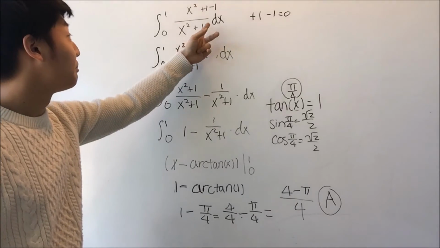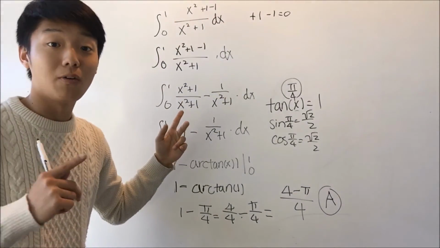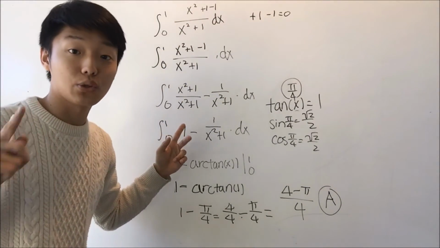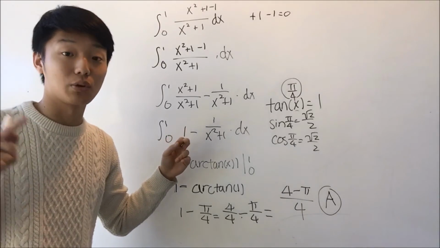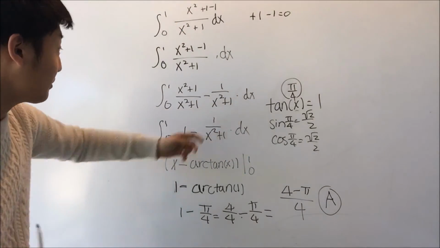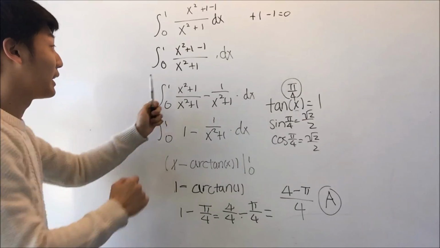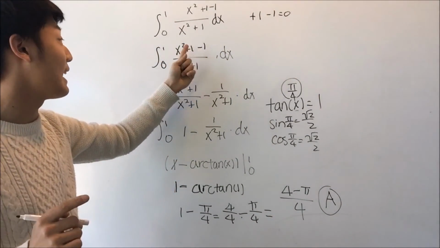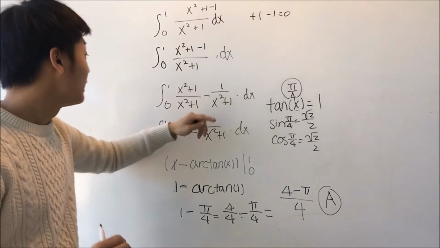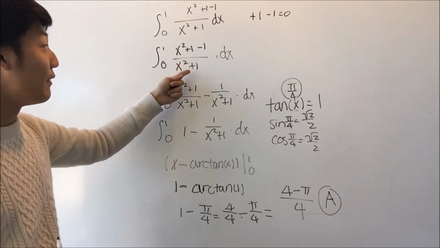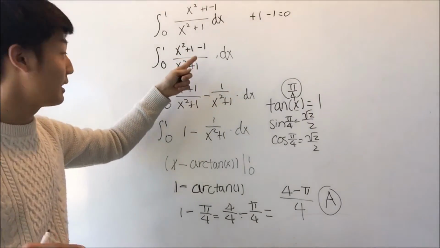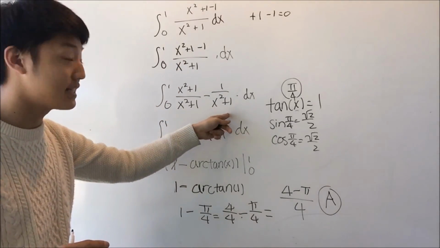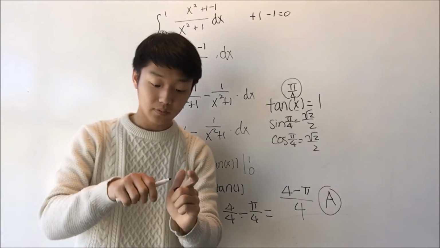Think, oh, let's make it to 1 or at least 1 over x squared plus 1 or negative 1 over x squared plus 1, like this. So you can just plus 1 minus 1 because plus 1 minus 1 is 0, so it will then not affect anything on the function because it's 0. And you can divide the function or the fraction like this to make it one and arctangent looking function.